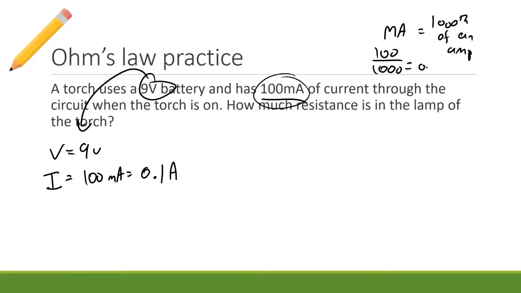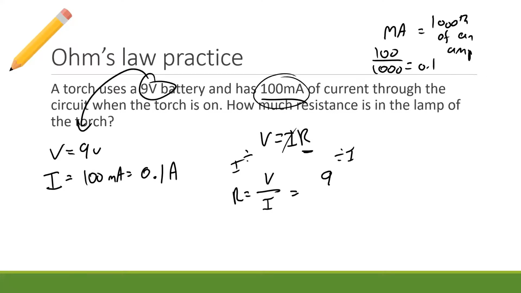That gives me 0.1. So if I know that V equals IR, and if I want to calculate R, all I can do is just divide both sides by I. That will give me R by itself. So V divided by I equals R. I know what V is.